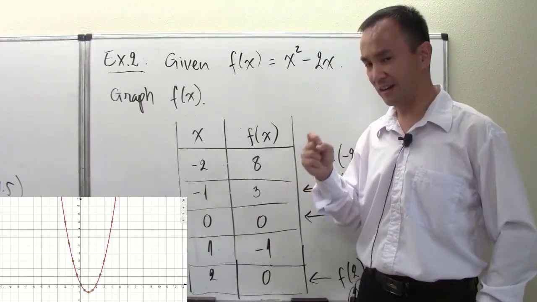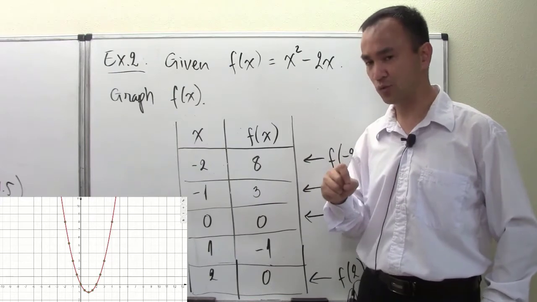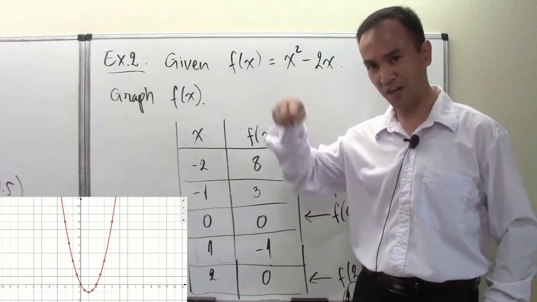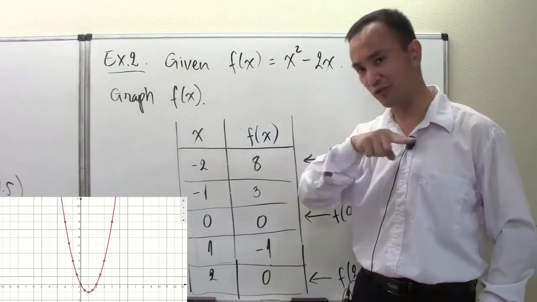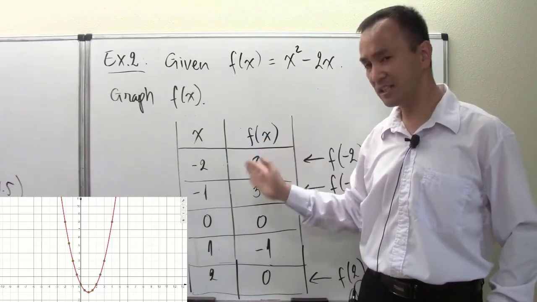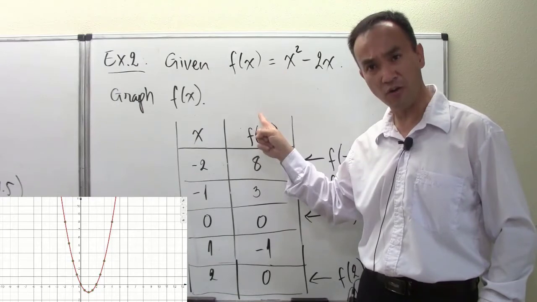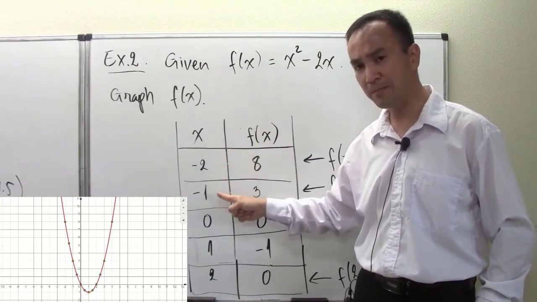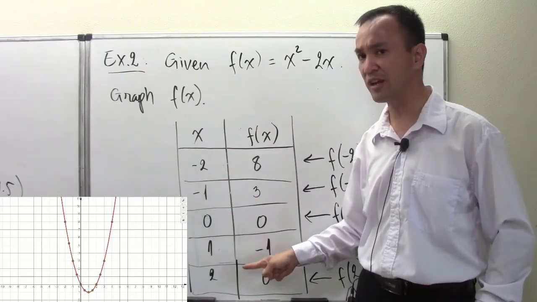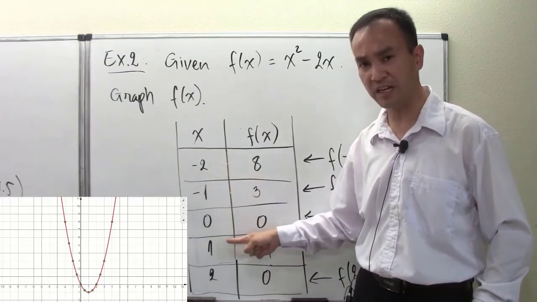This example illustrates why we have those graphs as a nice smooth curve or a nice line, because for these kinds of functions we have infinitely many values. Those green points on the table of values will never be enough. We can have infinitely many other points.